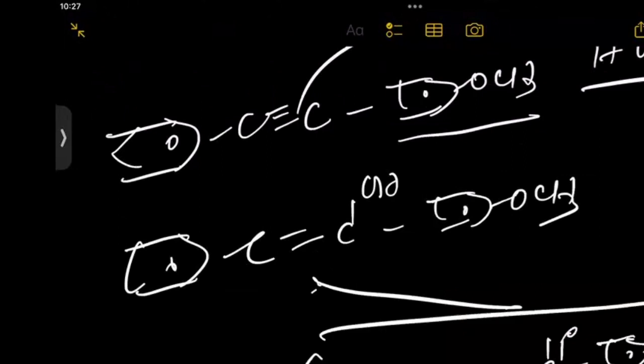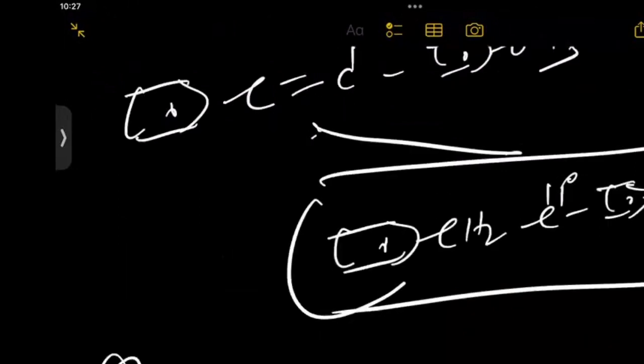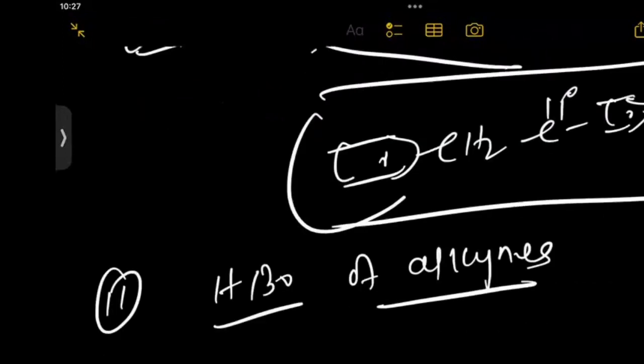Students, the second preparation of this lecture is HBO, hydroboration of alkynes. Okay, students, we have done hydroboration reactions in the hydrocarbons and in the alcohols. Hydroboration oxidation of alkenes or alkynes, both are free from any type of rearrangement reactions.